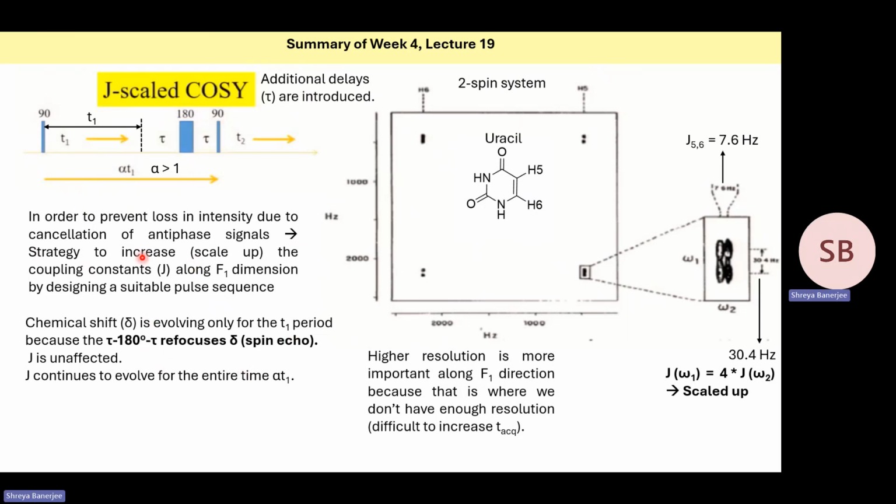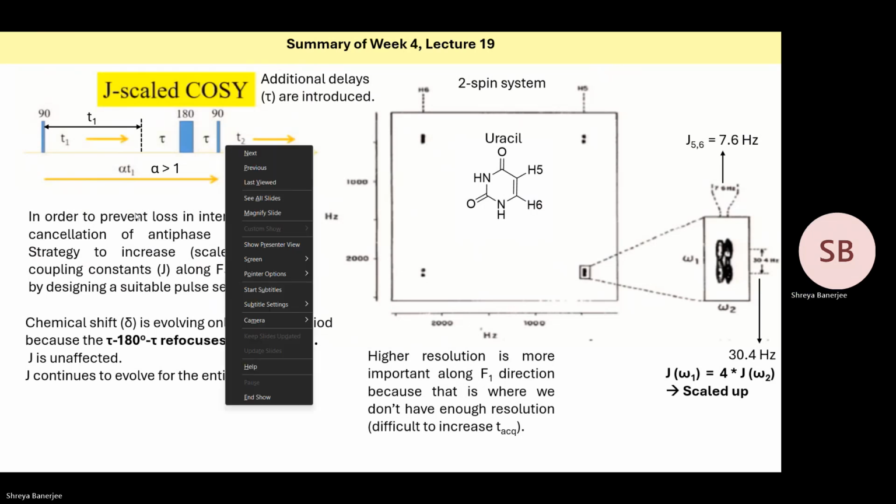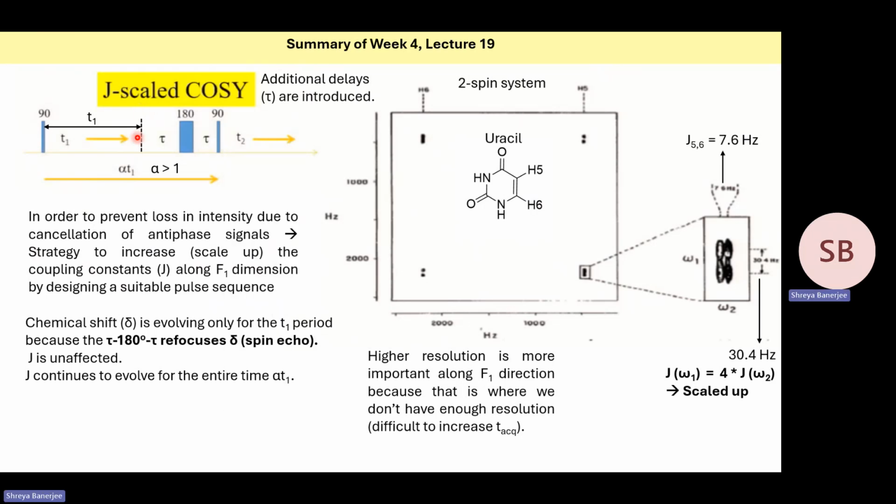So basically, up to this point, 90 T1. We are applying a pulse of 90 and we are allowing the magnetization to evolve for time T1. In this time T1, your chemical shift is evolving.